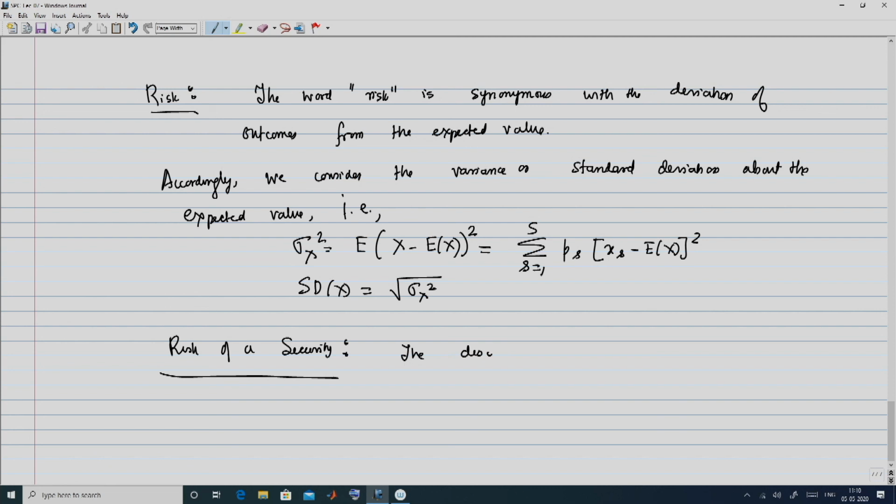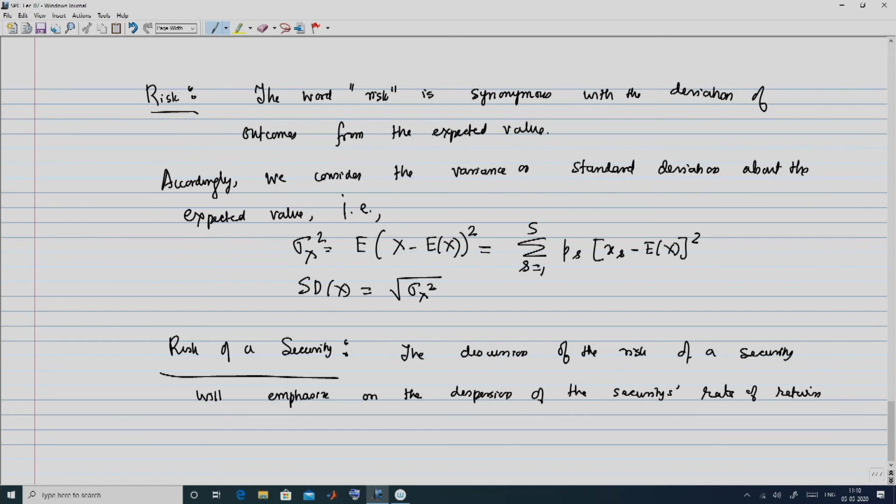And now we are in a position to talk about the risk of a security. The discussion of the risk of a security will emphasize the dispersion of the security's rate of return about its expected value.